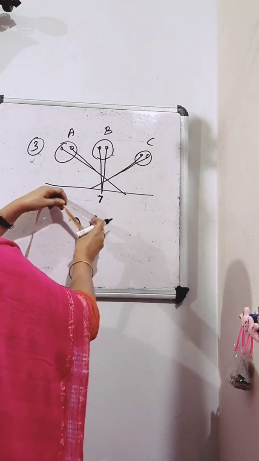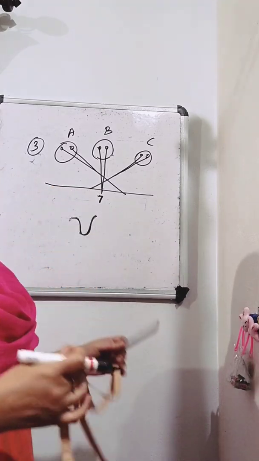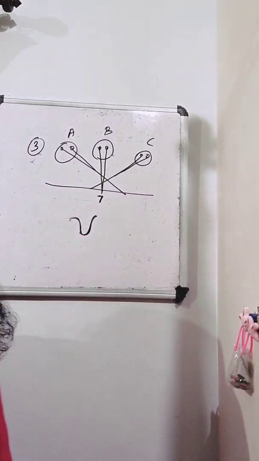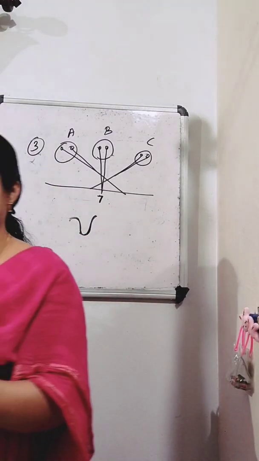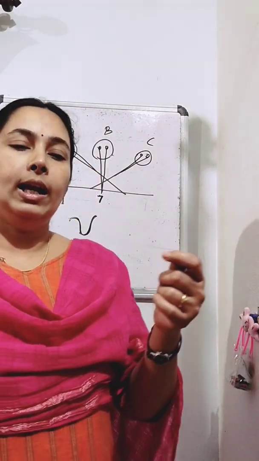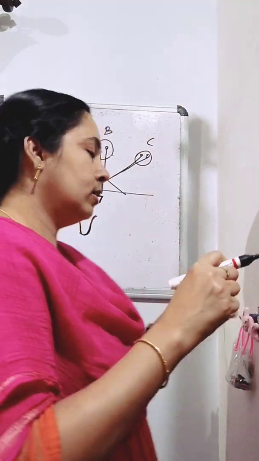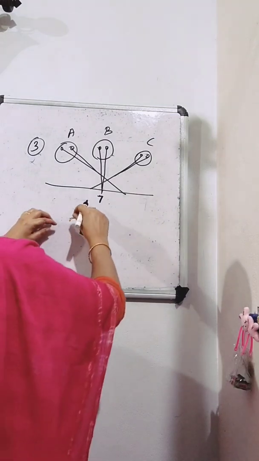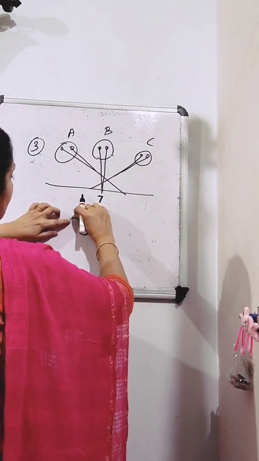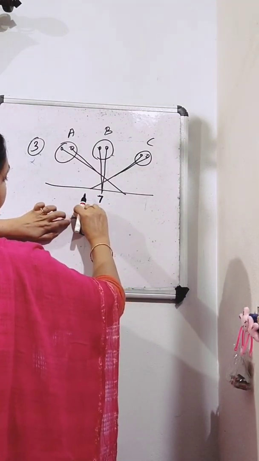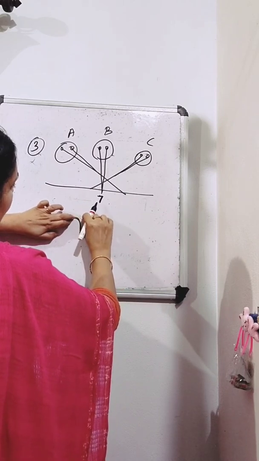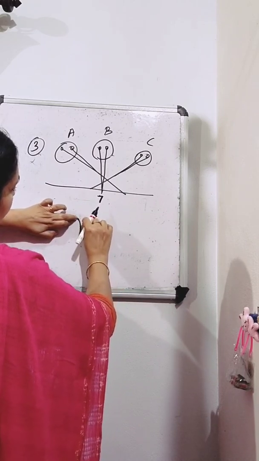Can we use a measuring tape? That's also difficult. So what we can do? We can use a thread for measuring the length of a curved line. So take a thread, then keep it here on this curved line. Then move the thread along the curved line.